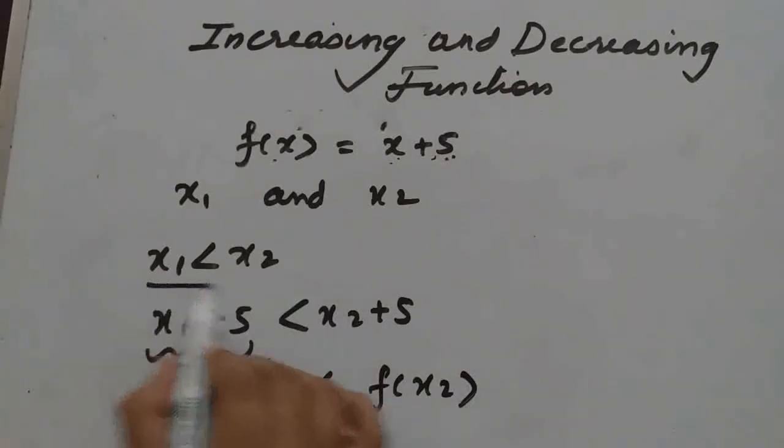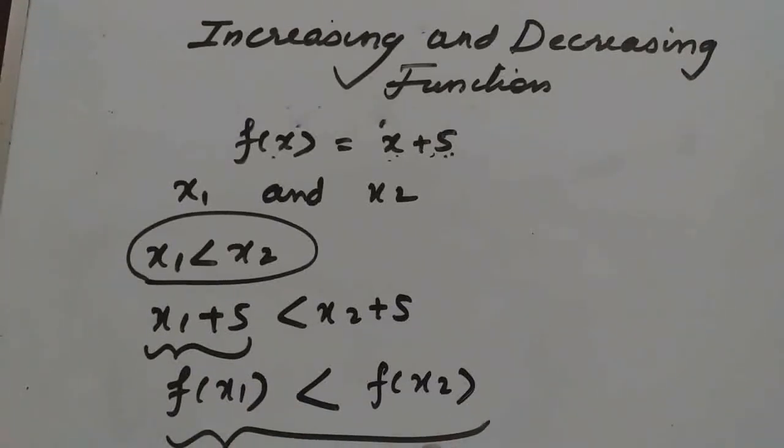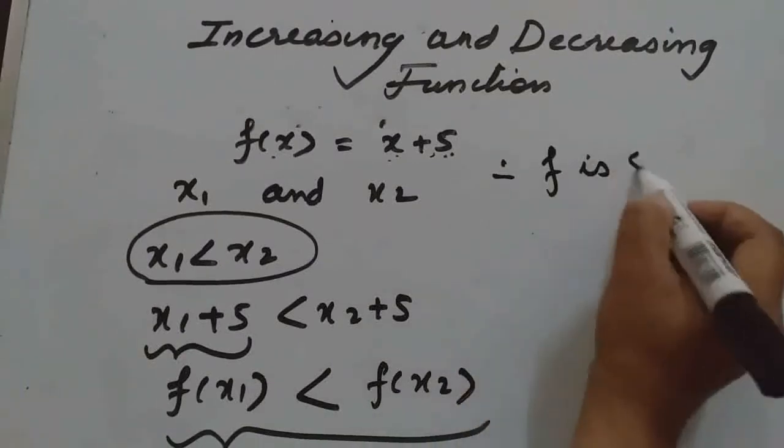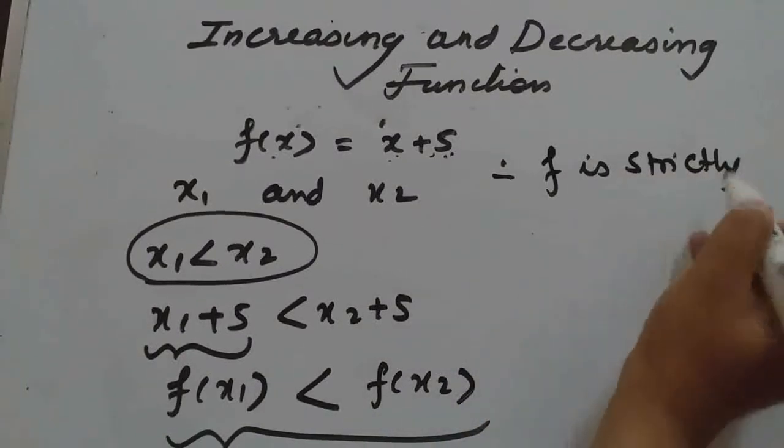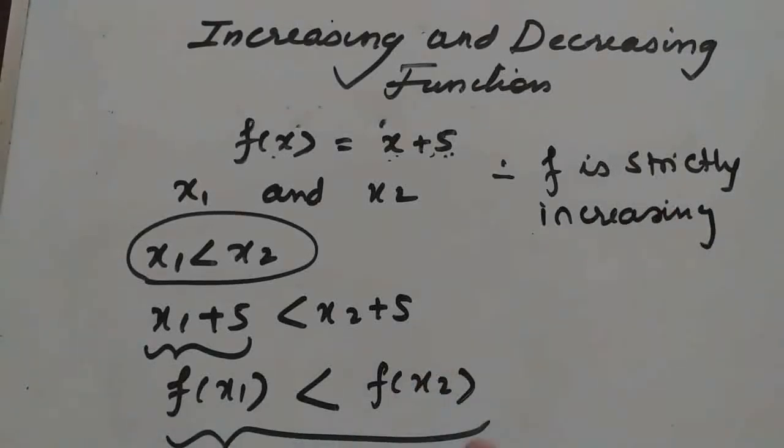So we have proved f of x1 is less than f of x2. Therefore the function is strictly increasing. So we can use the definition to find whether a function is increasing, decreasing or strictly increasing.